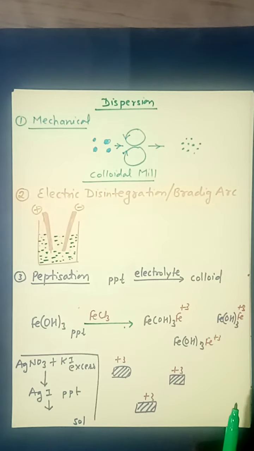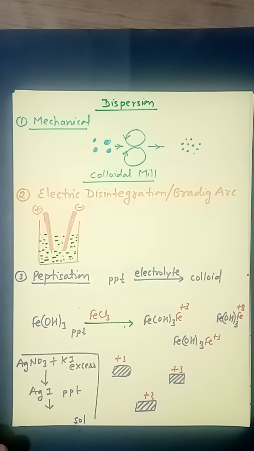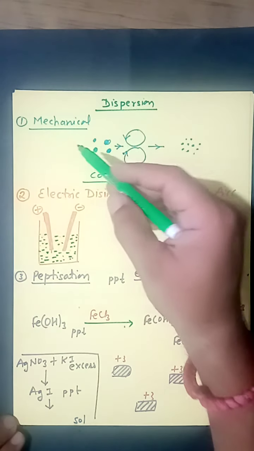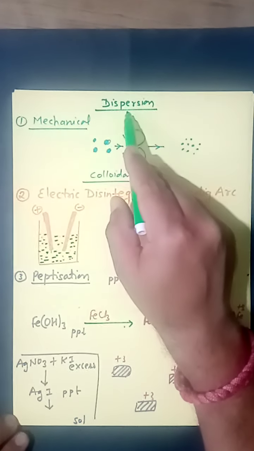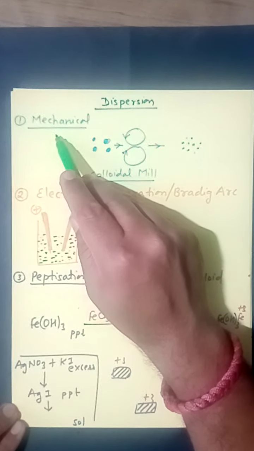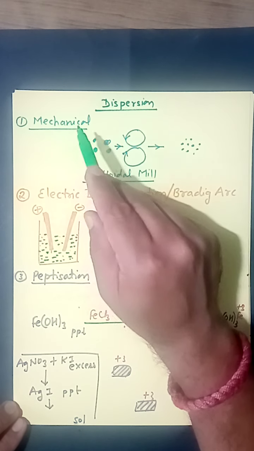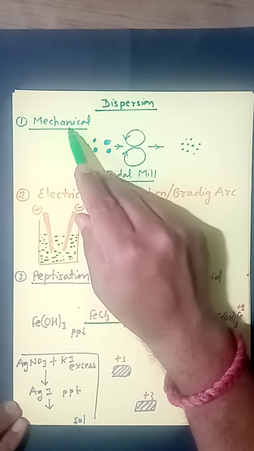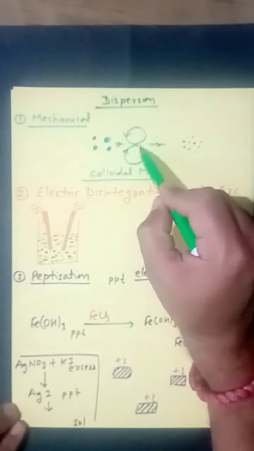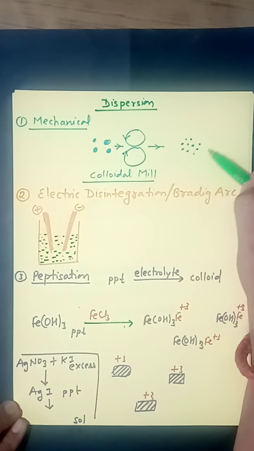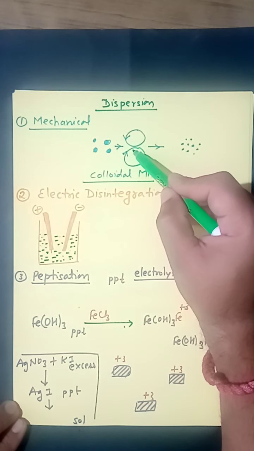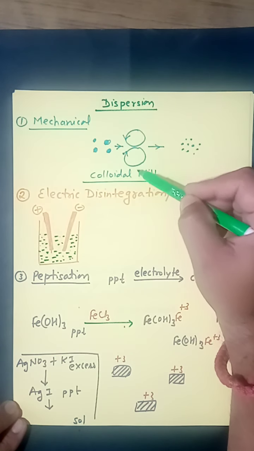Now dispersion. In dispersion, as we know, bigger particles are broken down into smaller particles. There are three methods for the dispersion technique. First is mechanical. It is a simple process. In this technique, the bigger particles are ground into particles of colloidal dimension by using a mill. This mill can be considered a colloidal mill.